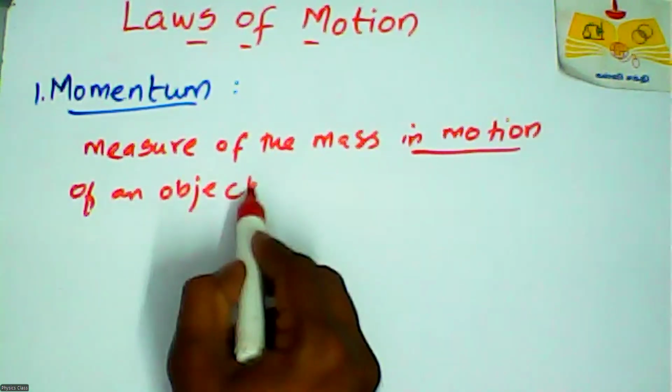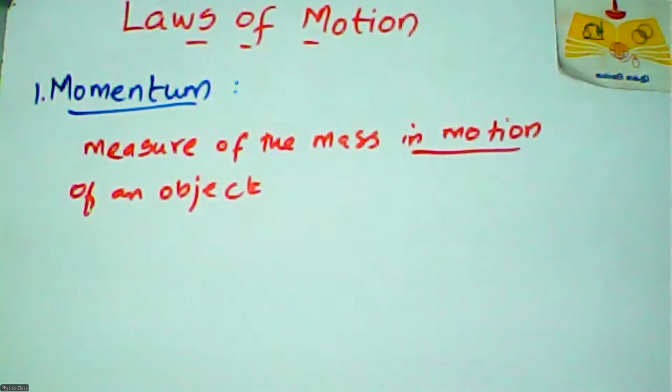So in our universe, all the objects have mass. Yes, you have mass. I'm having mass. Even a single tiny particle has mass. Anything, anybody has mass.